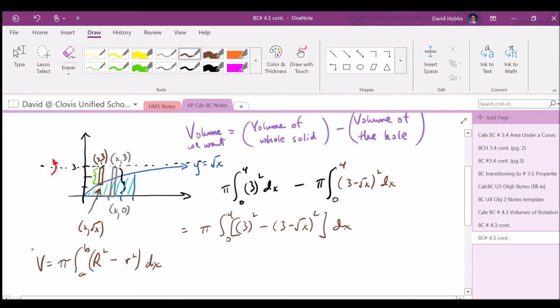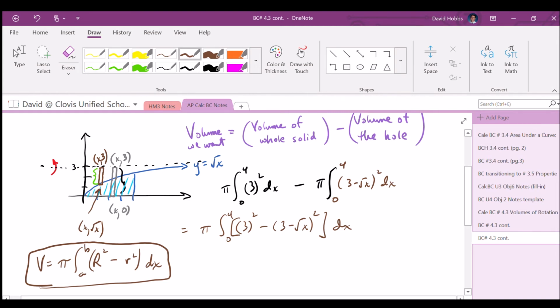It just depends on which way your rectangles are going. If they're vertical, it's little delta x's. If it's horizontal, it's little delta y's. This is how we deal with it, kind of a shortcut way.